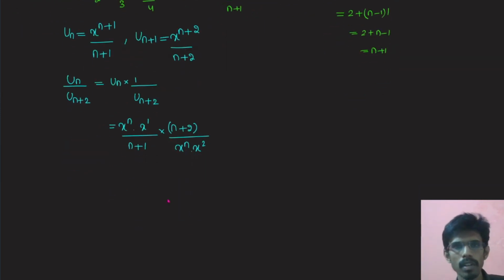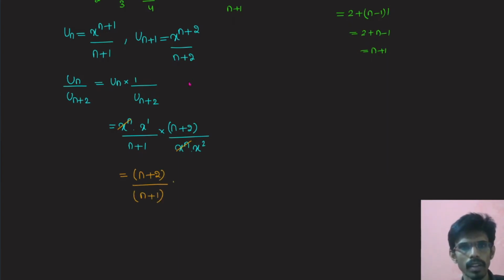Bases are same, power should be added. Here we are separating the bases. Now we can cancel this x power of n and this x power of n. We are left with n plus 2 by n plus 1. Here 1 x will get cancelled with 1 x, then here I have 1 by x. This is the value of un by un plus 1.